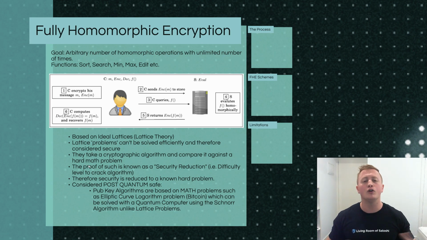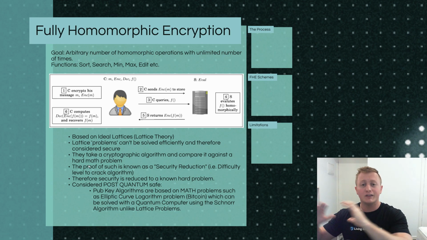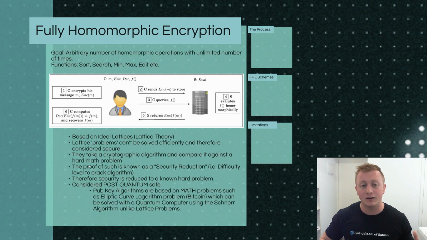And this whole process is all about generating a proof known as a security reduction, the difficulty in which it would be to crack that algorithm. And so we reduce it to the point of one known hard problem and say, this is as strong as it gets. If you solve this, then it's all over, kind of thing. And that's where they get the idea of how secure these kind of ideas or algorithms actually are.